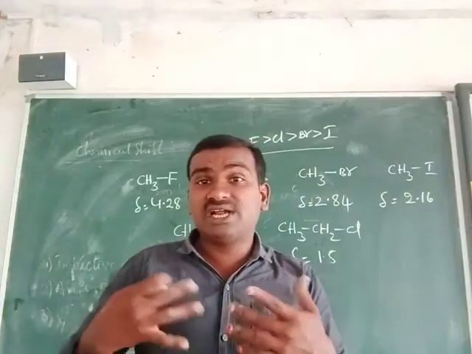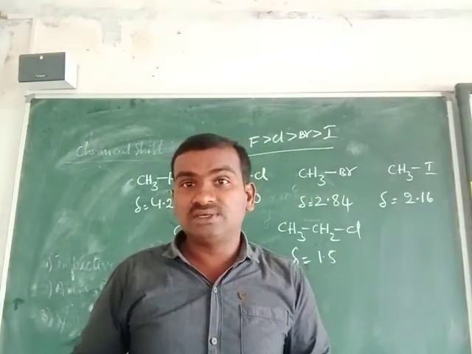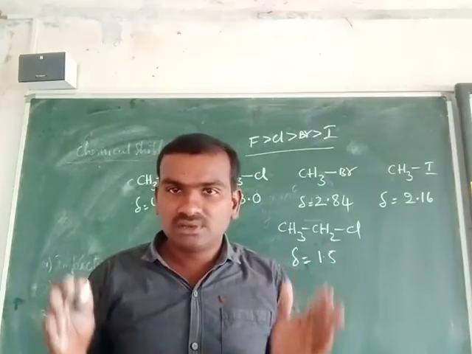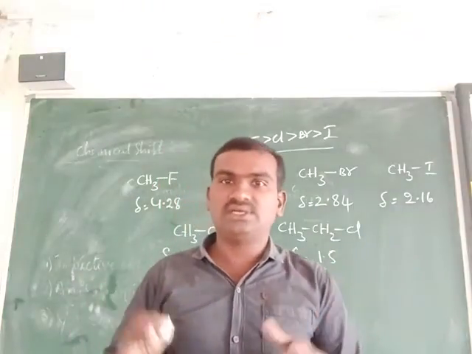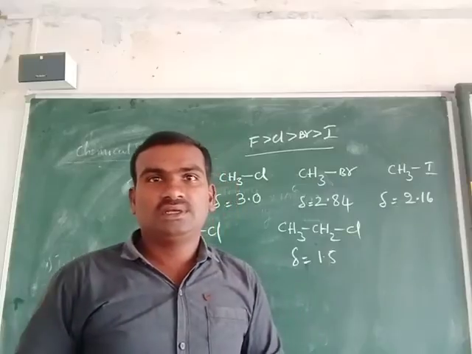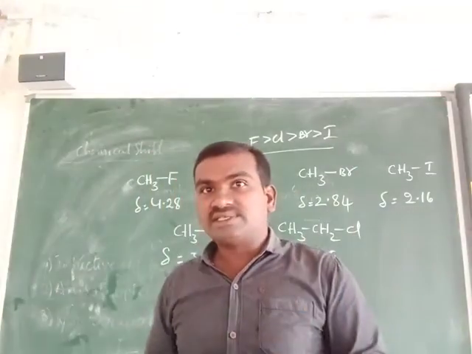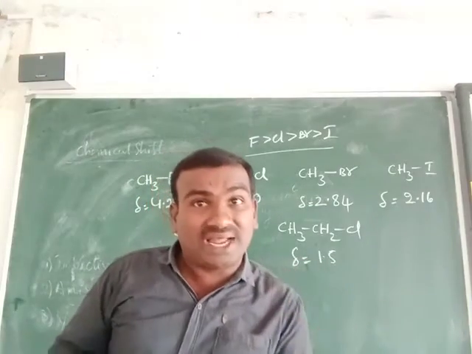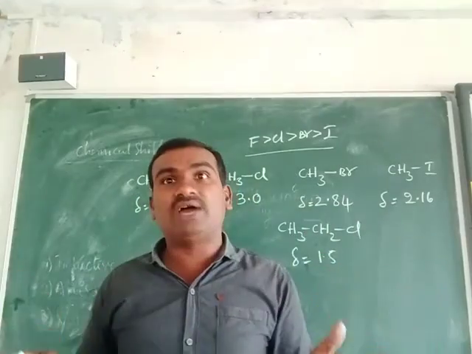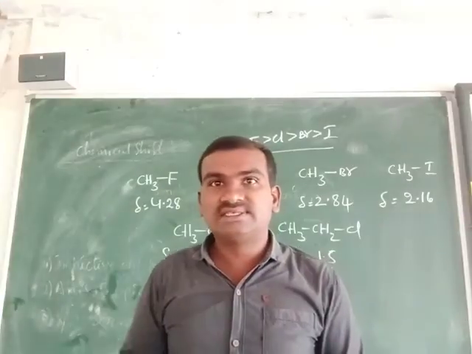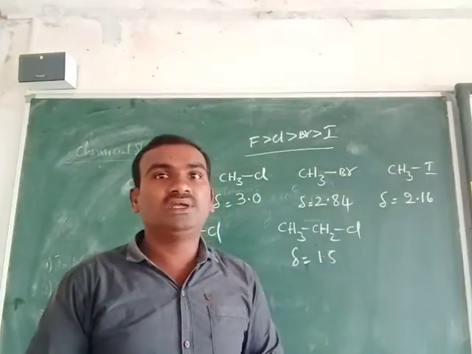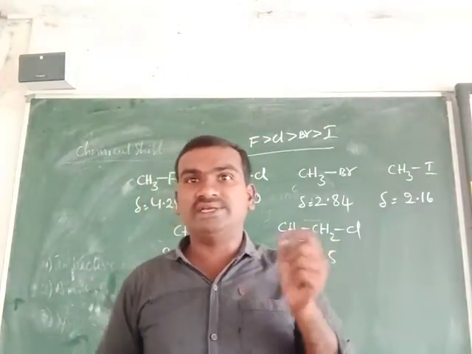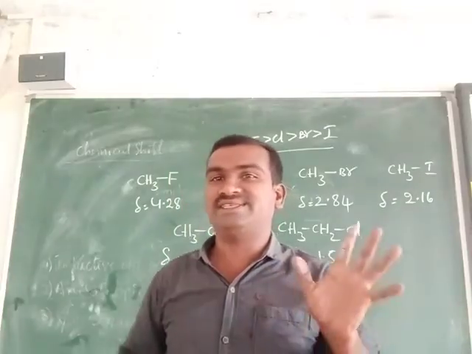Hence, electron cloud means one or more bonds between two carbons or two other elements. So, in some cases, the electron cloud of a bulky group will tend to repel the electron cloud surrounding the proton. Thus, such a proton will be deshielded and its delta value increases.